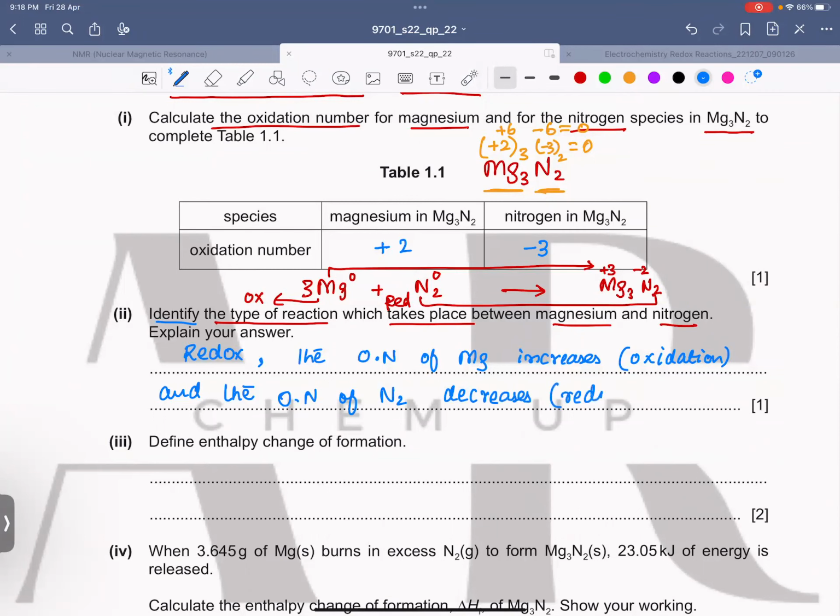So in the bracket, you may write reduction. Is this understandable to everyone? If anyone has any confusion? No.